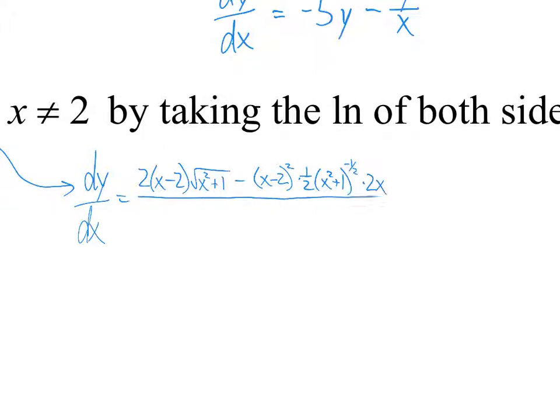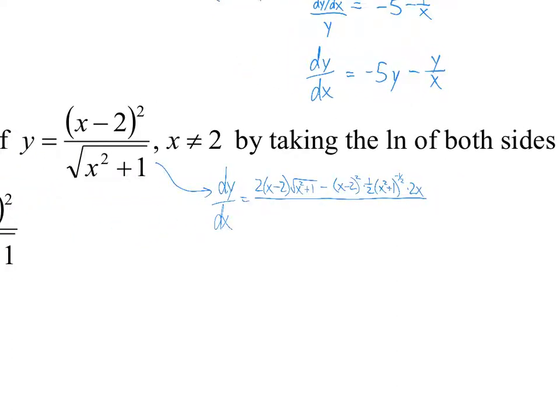And that whole thing would be over the v squared, so that would be x squared plus 1 to the first power. Now, we did ones like that. That's not horrible, but there actually is a little bit of an easier way.